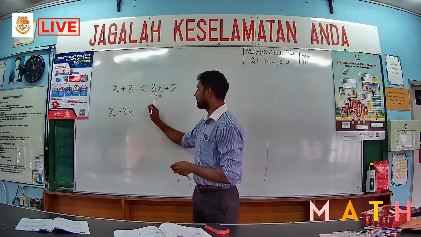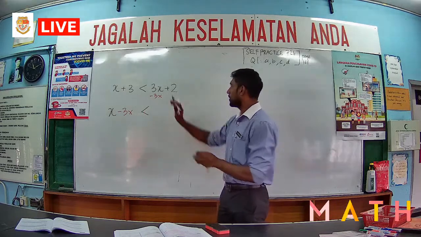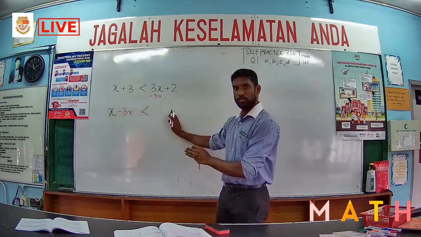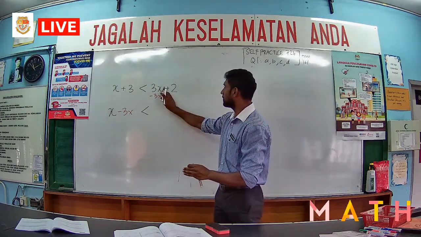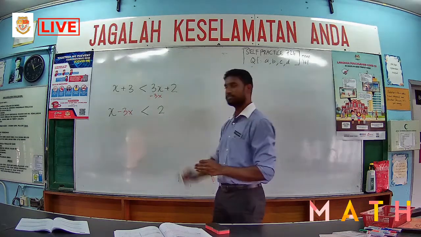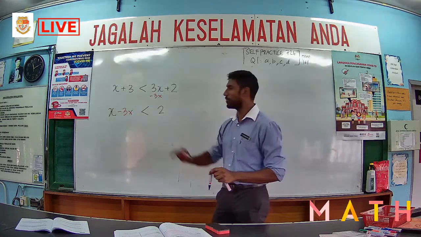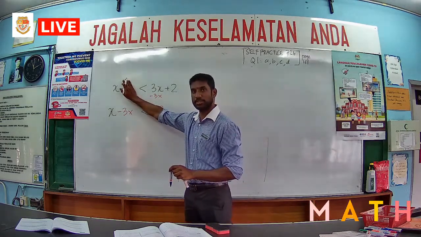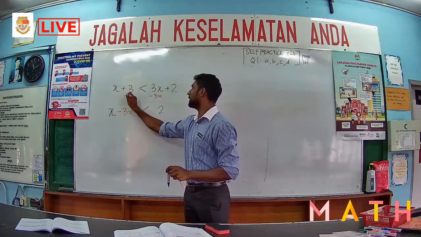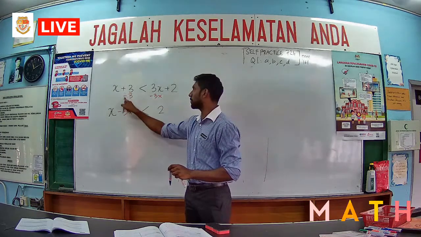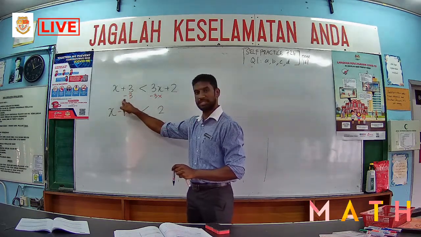Then we want to keep all the numbers on one side. For example, plus 2 is already here. How about this number here, plus 3? We don't want the number here, so what do we do? We minus 3. Remember, we give the opposite sign, right?